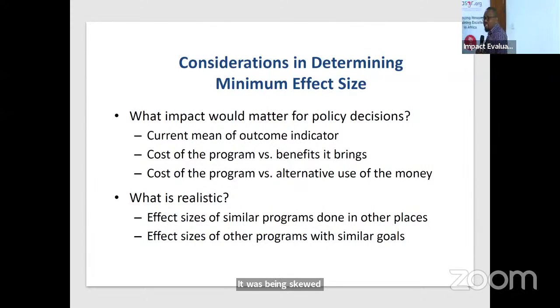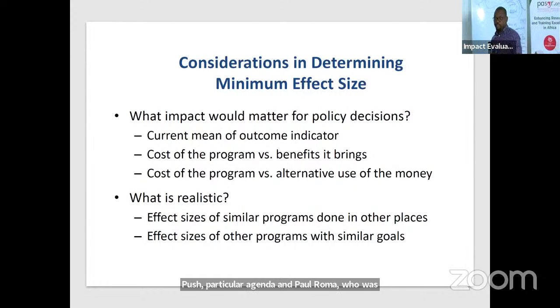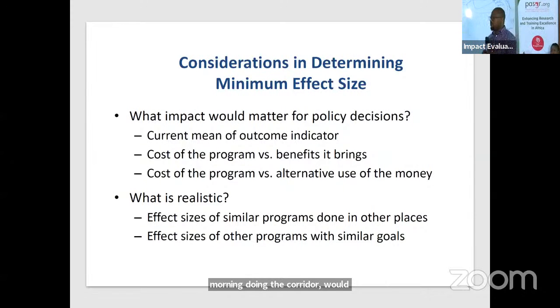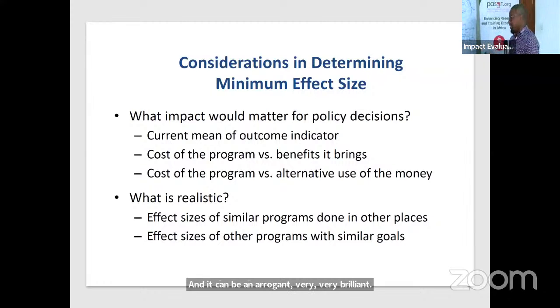to push a particular agenda. And Paul Romer, who was a Nobel laureate, I think in 2018, was my boss. We used to have tea in the morning, go in the corridor, and he shook us up big time. Sometimes you can be very smart and be an arrogant freak, you know, very brilliant with poor people skills.